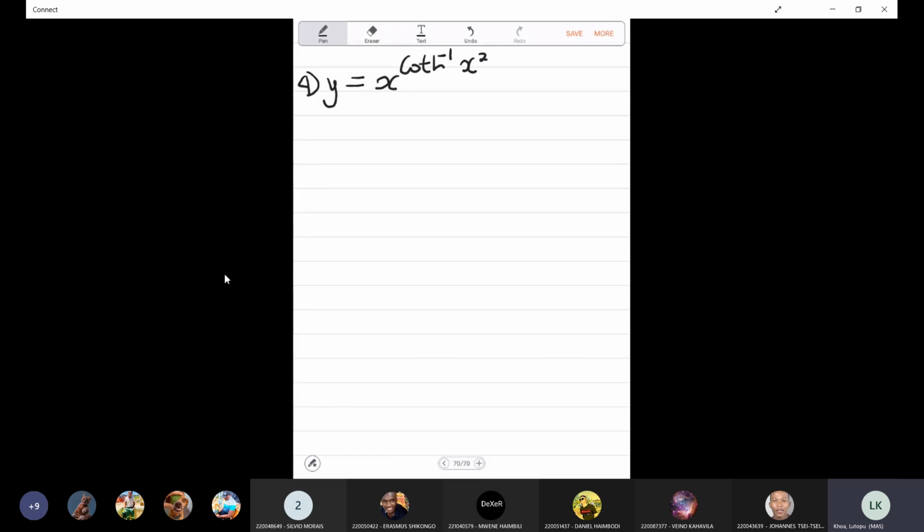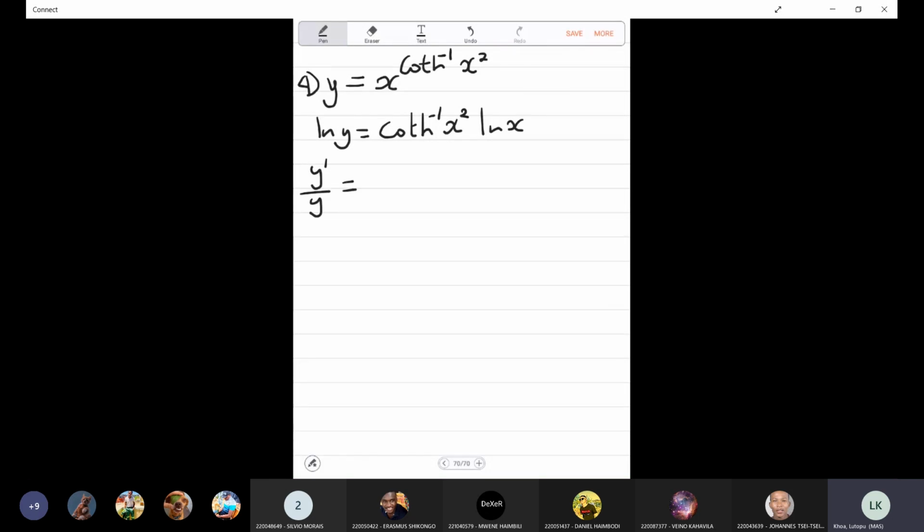So this one, good candidate for logarithmic differentiation. So you take logs on both sides. So we have ln of y. This is equal to coth inverse of x squared times ln of x, and then you differentiate this using the product rule. So we have y prime over y.